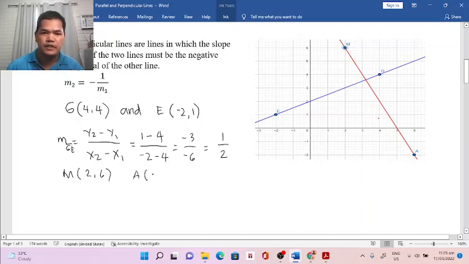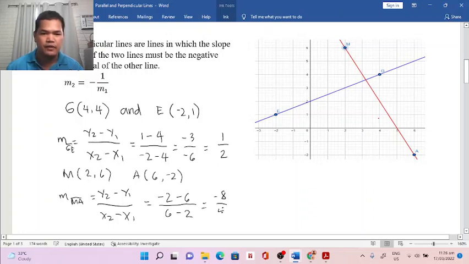For MA, the coordinates are, for M we have 2 and 6, and for A we have 6 and negative 2. In this case, we have the slope for MA is equal to y sub 2 minus y sub 1 over x sub 2 minus x sub 1. That is equal to negative 2 minus 6 over 6 minus 2, which is negative 8 over 4, which is equal to negative 2.